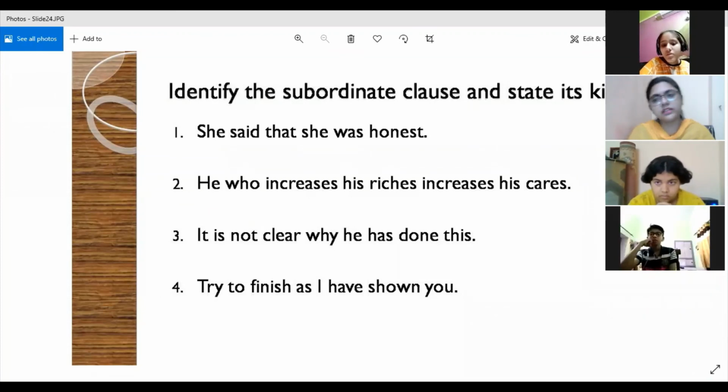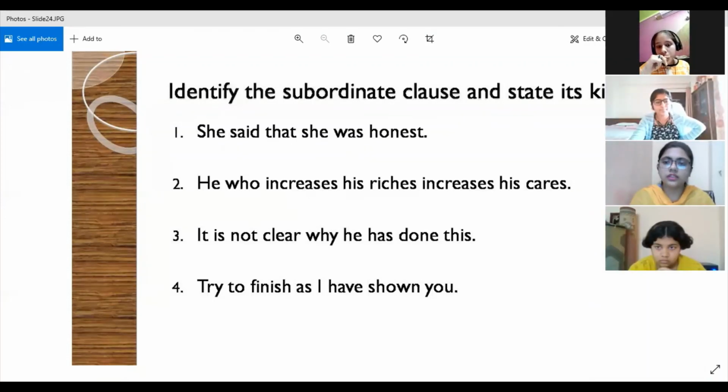Adverb of manner also asks the question how. Ma'am, so in this last one, try to finish as I've shown you, how is it answering that word how? No, try to finish. How is the person supposed to finish? As I have shown you. So in that manner, in the manner in which I have shown.